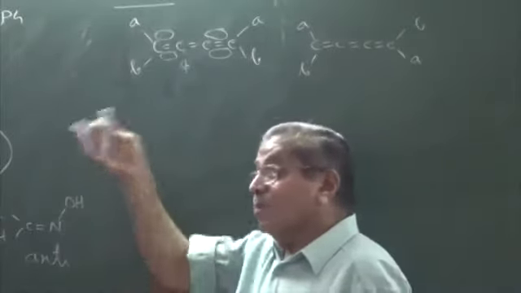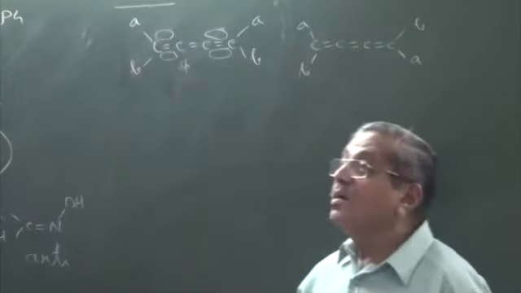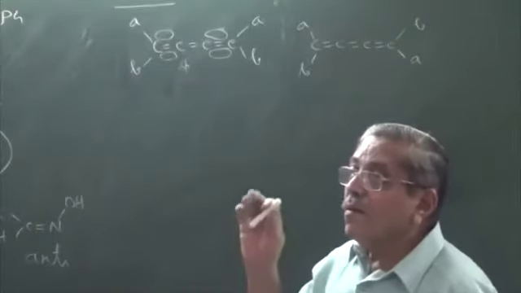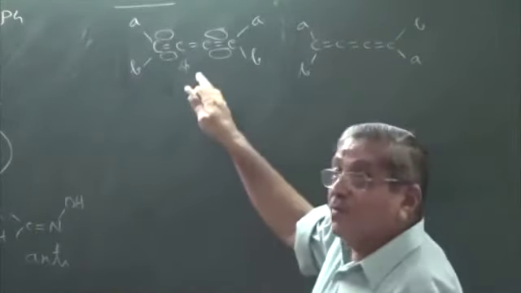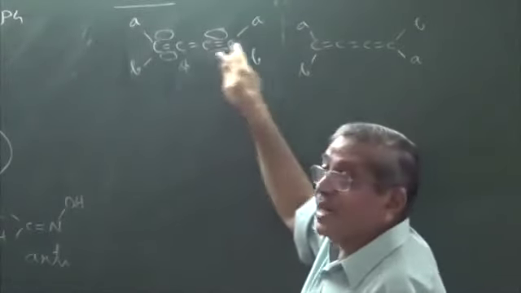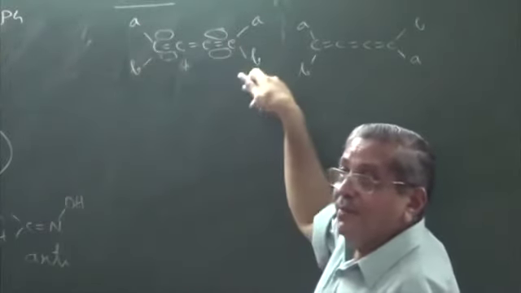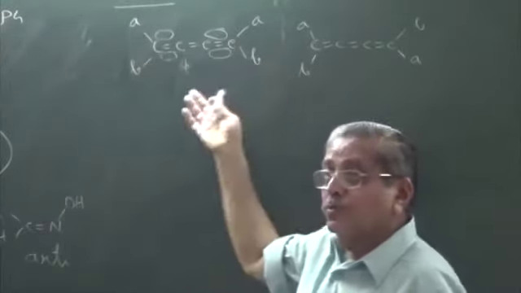The next is optical isomerism, not geometrical isomerism. If it contains an odd number of double bonds, it shows geometrical isomerism, provided the terminal carbon atoms are linked to different atoms or groups.